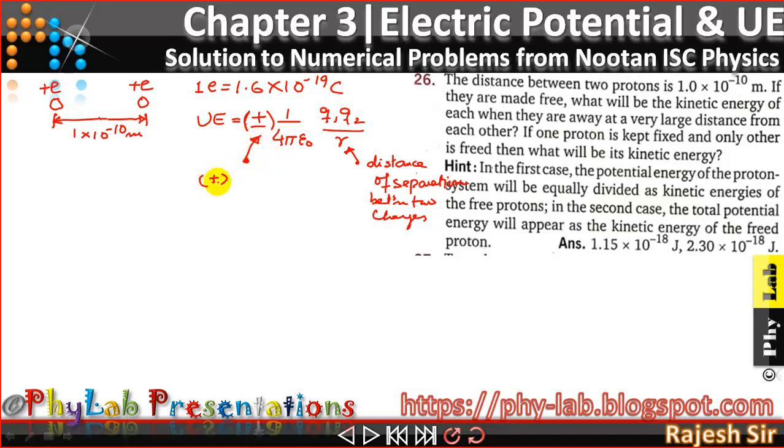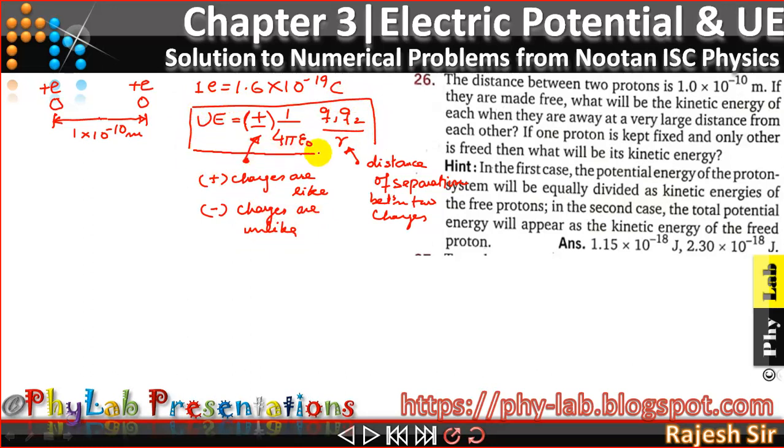Potential energy is written with a positive sign whenever charges are like, and potential energy is written with a negative sign whenever charges are unlike. Is that clear? Friends, I would request you to once again go and watch the video on electric potential and potential energy, where we have discussed the properties of electric potential and potential energy. You will find all these properties mentioned over there.